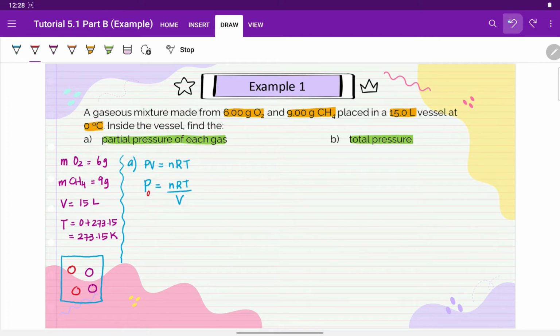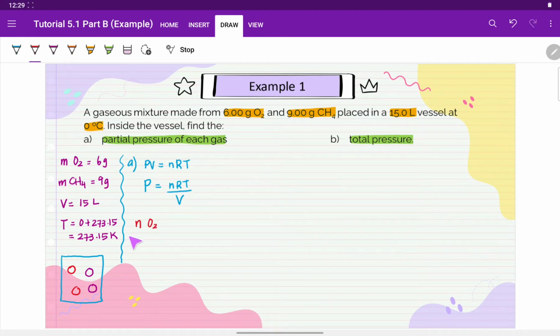If I want CH4, I must have the number of mole of CH4. Do we have the number of mole? No, but we are given the mass. So from the mass of each gas, we first find the number of mole.